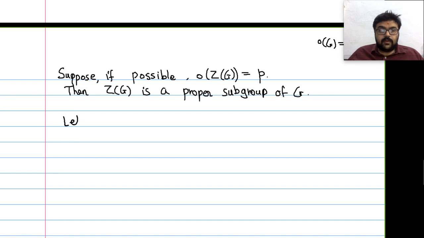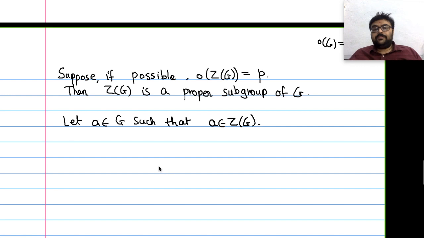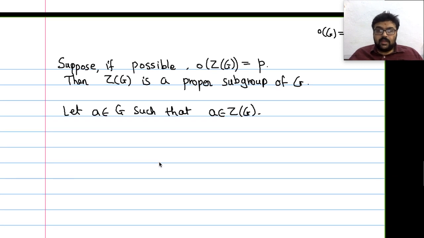So let a belong to G such that a is not in Z(G). So a is an element which is in G but it is not in Z(G).